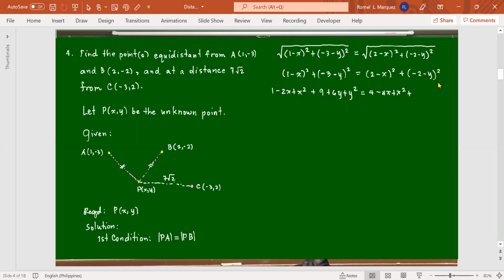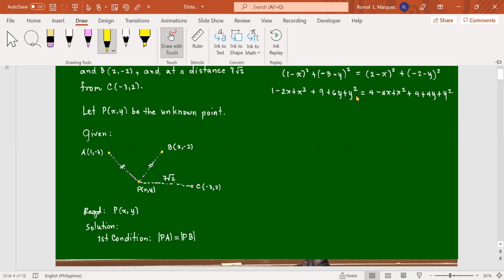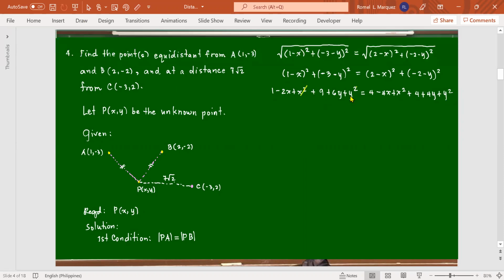Last here, we have 4 plus 4y plus y squared. Am I right, guys? Yes, sir. I can eliminate these quadratics, no? Am I correct? Yes, sir. And then combine those that are similar terms. So to get rid of negative 4x here, I have to add on its side positive 4x, getting 2x.